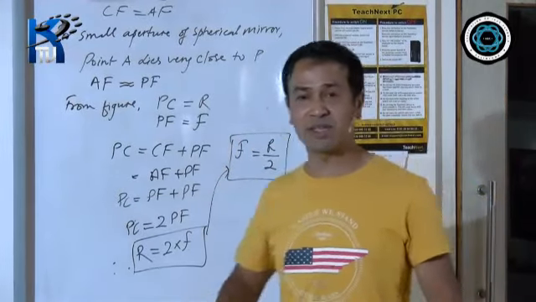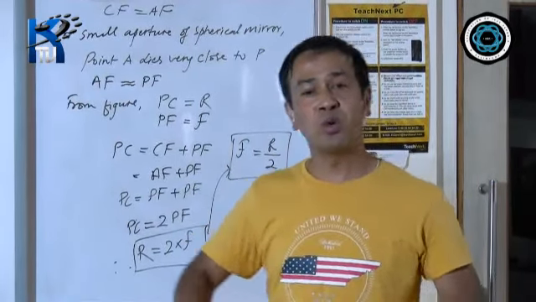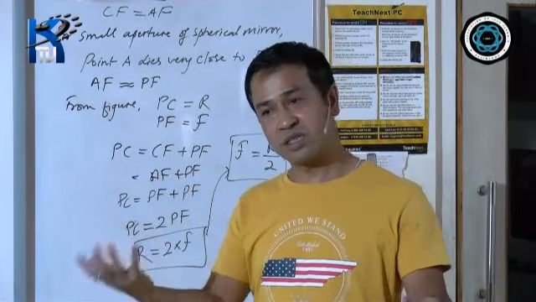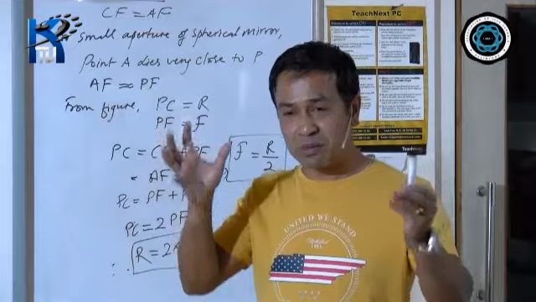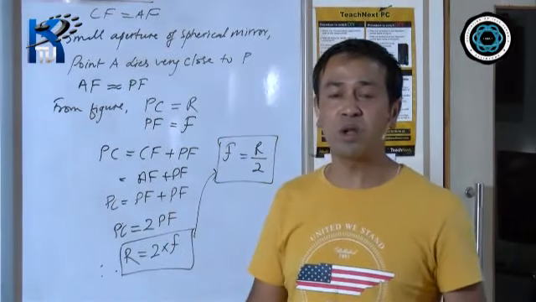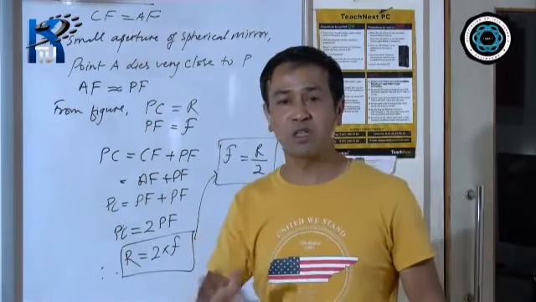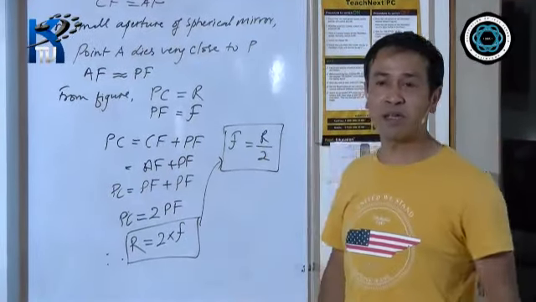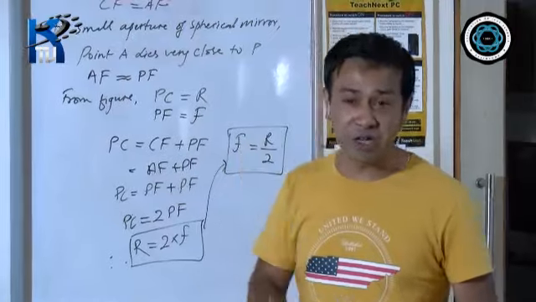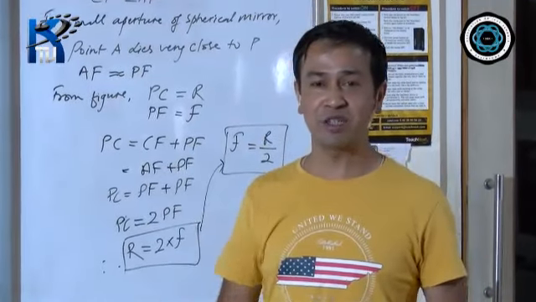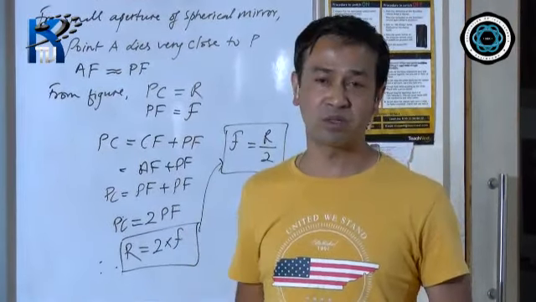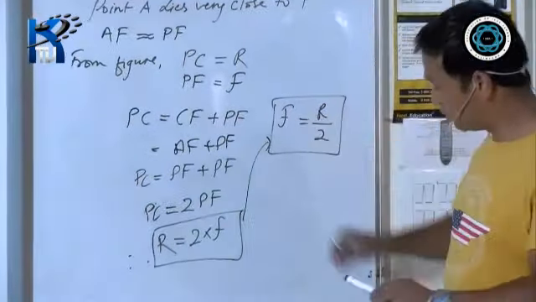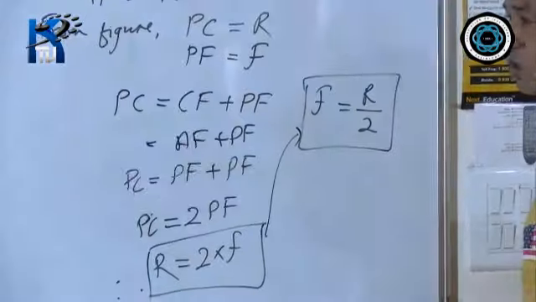And this focal length and the radius of curvature will not change even if you immerse a spherical mirror, say in water. That means by immersing a spherical mirror in water, the focal length and the radius of curvature remain the same. So this is a relation I'm going to apply in a very important derivation that may be asked in the ISC also, and that is called the mirror formula. So I'll do that afterwards. Now let me just tell you that focal length is just half the radius of curvature.